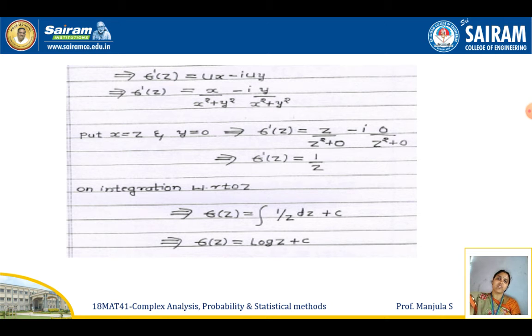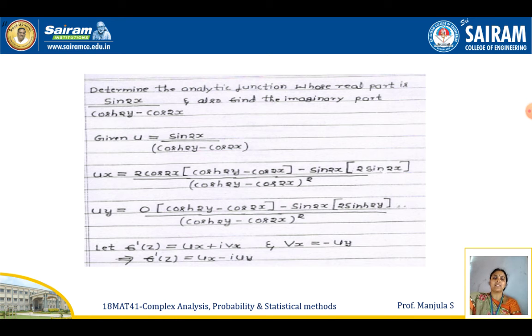After simplification we get f dash of z equals 1 by z. On integration with respect to z, f dash of z becomes f of z. Integration of 1 by z with respect to z becomes log z plus an integral constant, take that constant as c. This is our required solution.